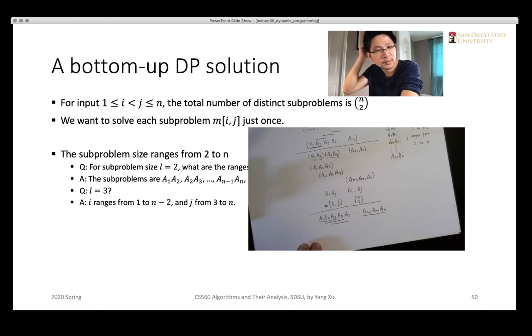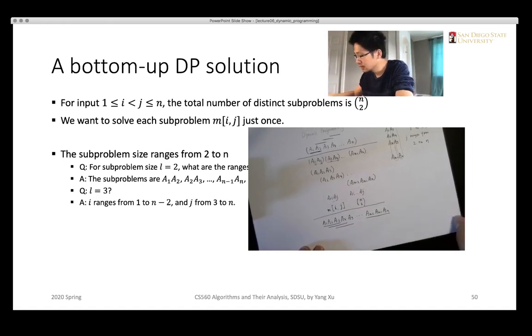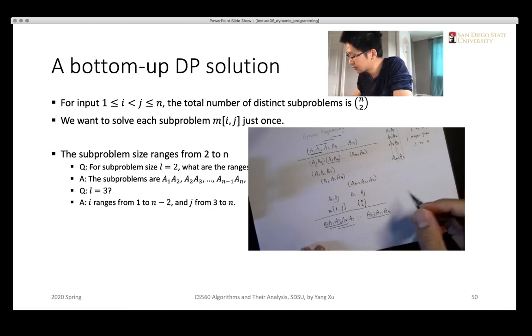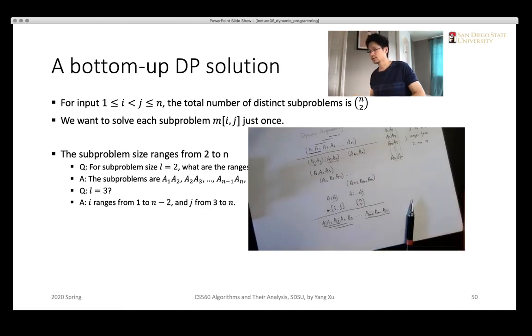It's easy to see that the index i ranges from 1 to n minus 2, and index j ranges from 3 to n.